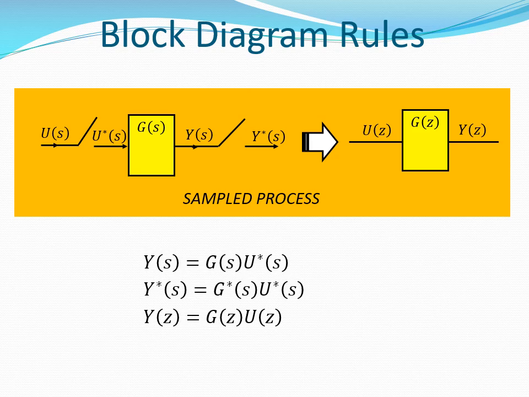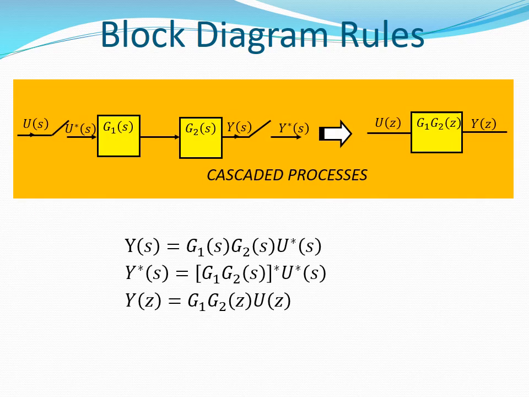From that relationship, we get the corresponding Z domain block diagram as a Z transform block G(z) with input U(z) and output Y(z). U(z) is the Z transform of the sampled input. Y(z) is the Z transform of the sampled output.